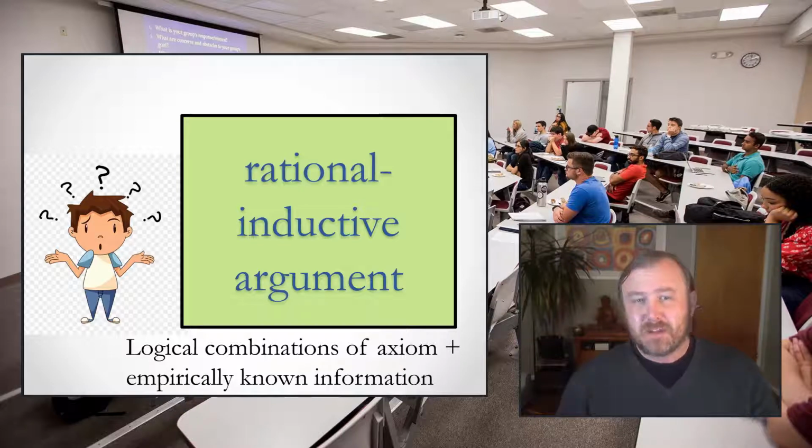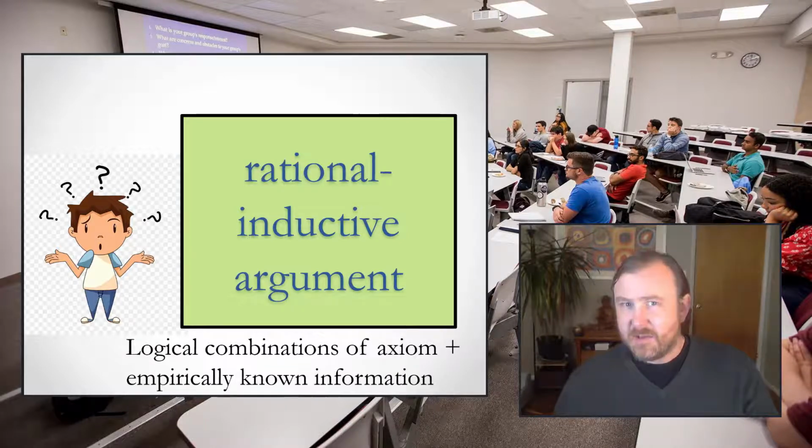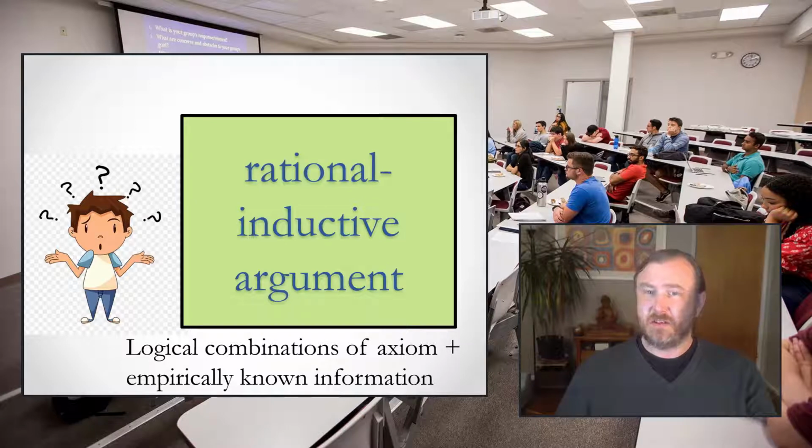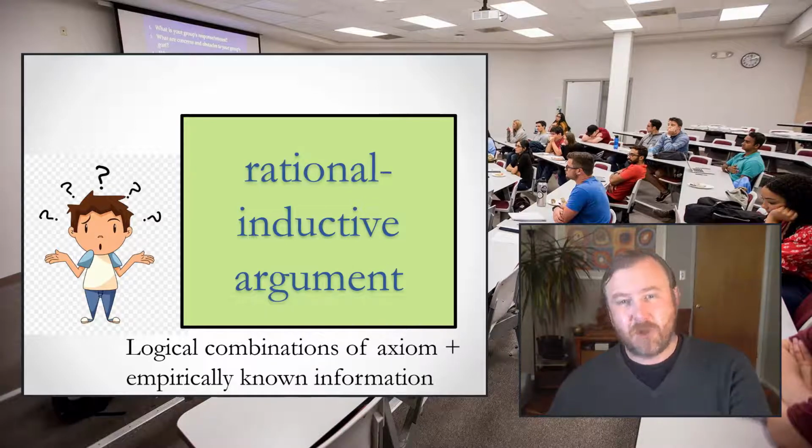So basically, if we all agree on some axiom, like, for example, I could say, all psychologists like dogs. If we agree on that, then we can move on to the next thing. I am a psychologist. And then you can conclude, therefore, I like dogs, right?